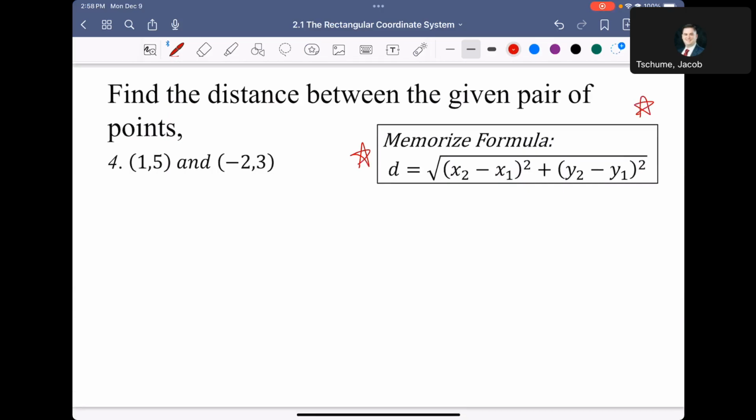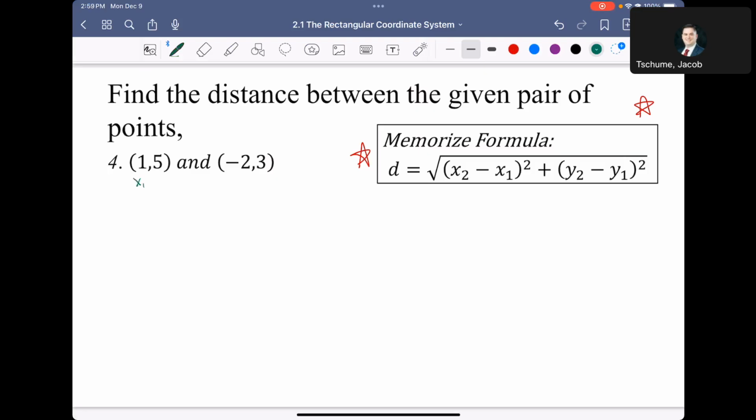To find the distance between 2 points, it involves square roots, subtraction, and squaring values. So you would need to take the square root of x2 minus x1 squared and add to that y2 minus y1 squared.